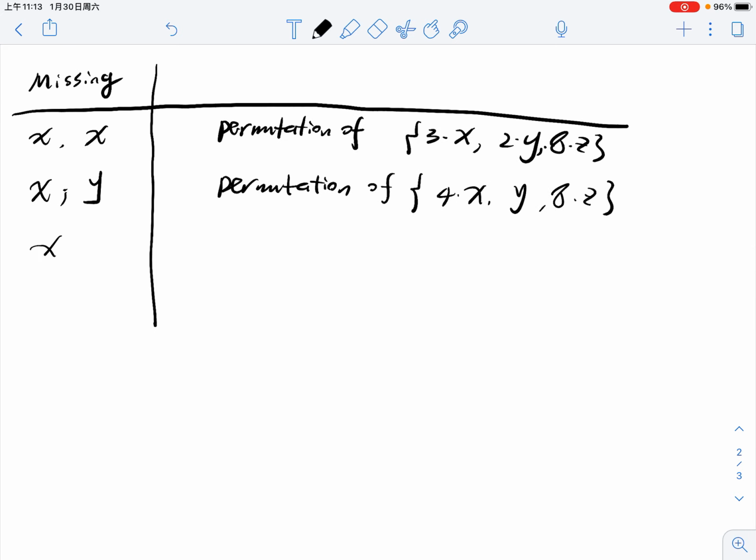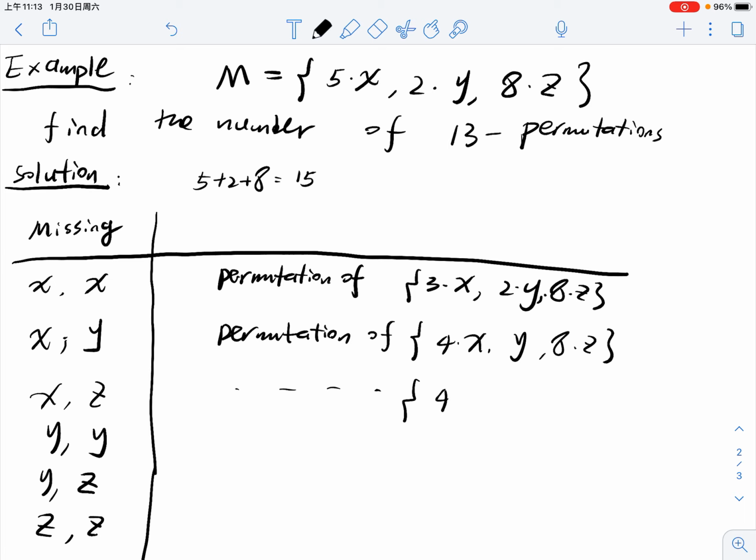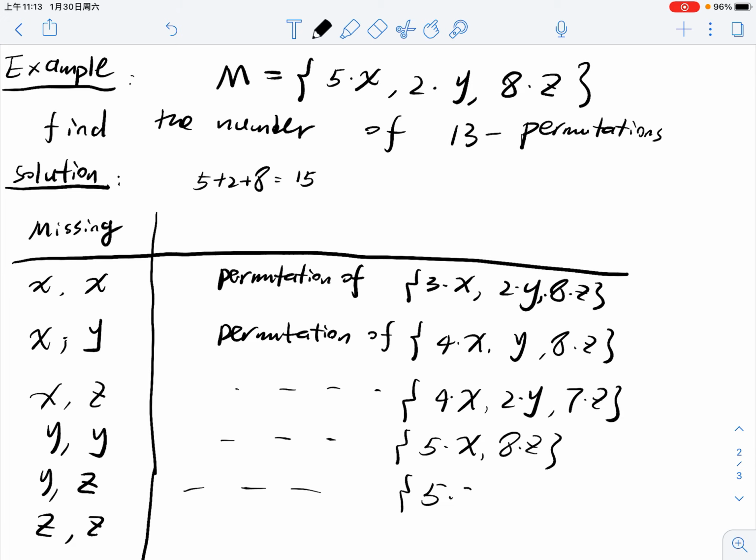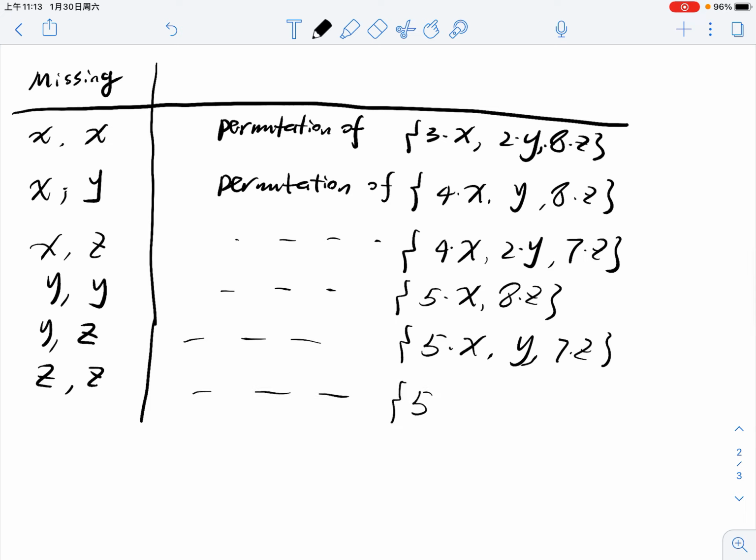And then similarly, you have the cases missing xz, missing yy, missing yz, missing zz, and the permutations of these are 4x, 2y, 7z; 5x, 8z; 5x, y, 7z; 5x, 2y, 6z.